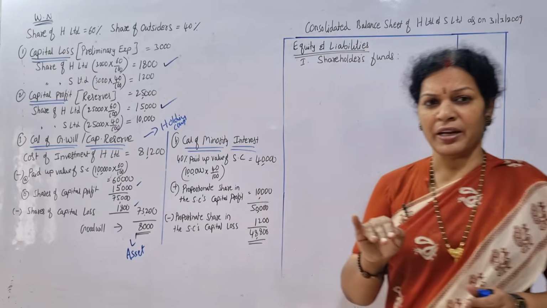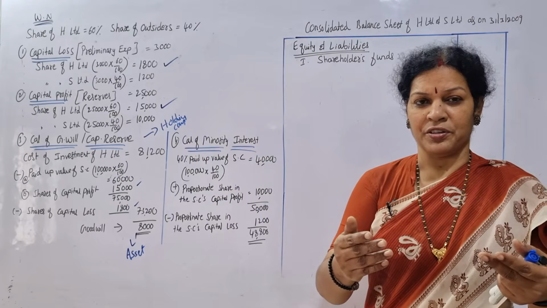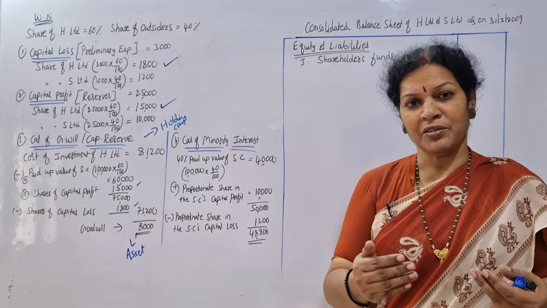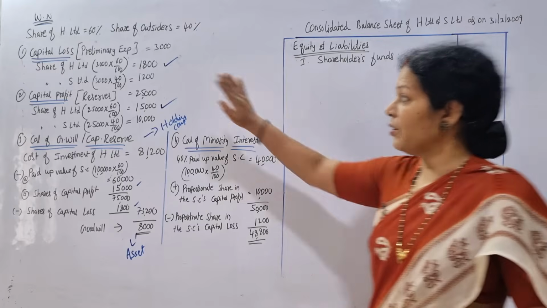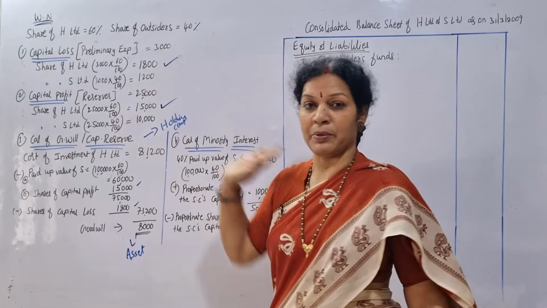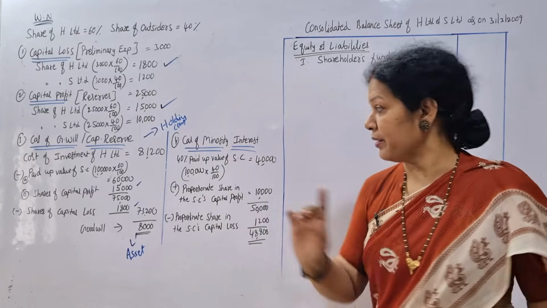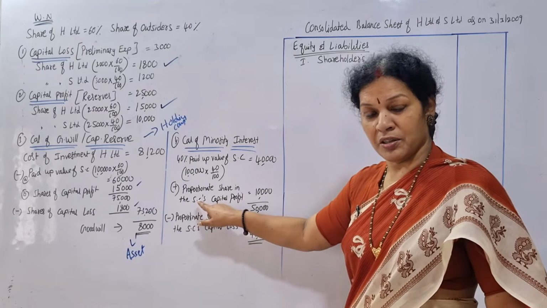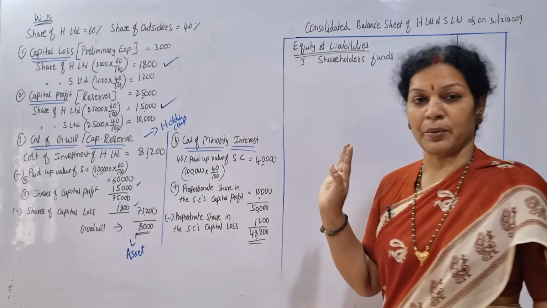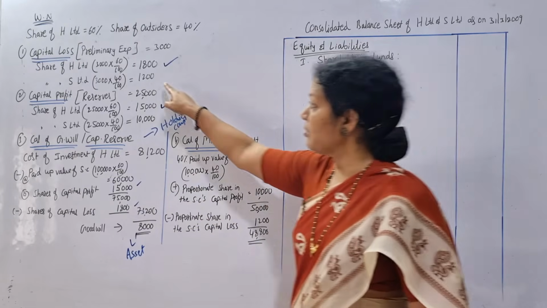To this we'll be adding capital profit. Capital loss or revenue loss will be deducted. We know the format, right? Now here we have capital loss and also capital profit. Capital profit, we will add the proportionate share in the subsidiary company's capital profit. How much is it?